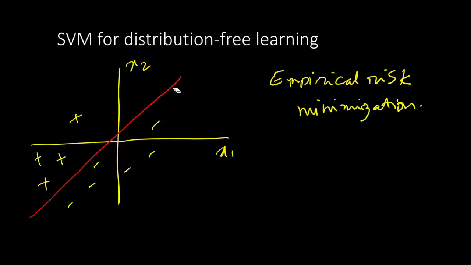What is the margin? We will find those points that are closest to the boundary, okay? And these points that are closest to the boundary define some margin from the boundary, and this margin should be maximized. So basically empirical risk minimization is equivalent to margin maximization.